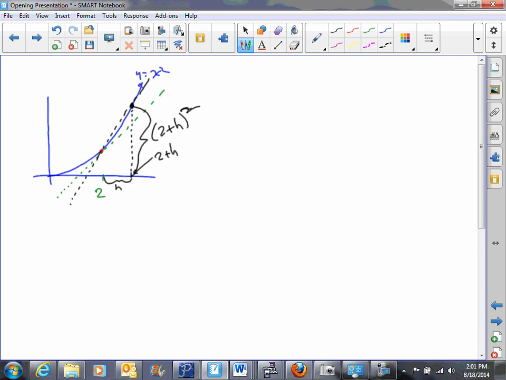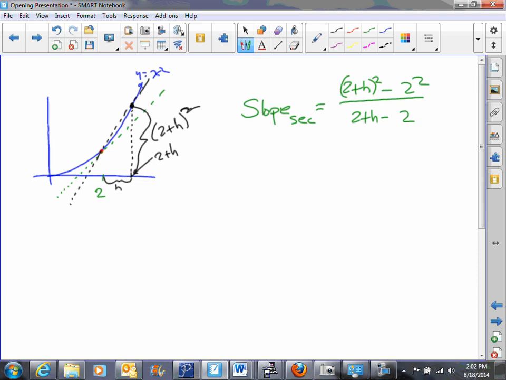And so the slope of this secant line, let's say slope sub sec, would be y2, which is 2 plus h squared, minus y1, which is 2 squared, over x2, that's 2 plus h, minus x1, which is 2.